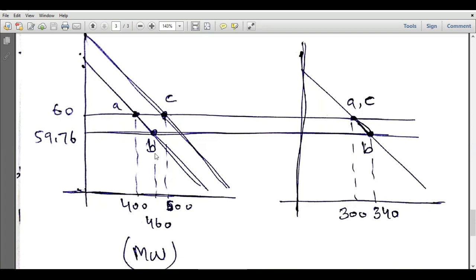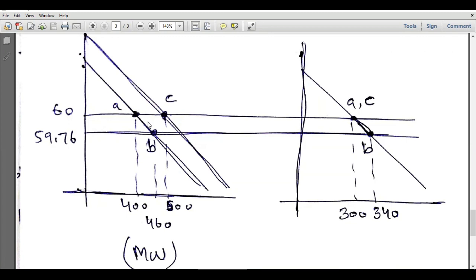Similarly, we can use both the units to contribute the supplementary control, right? So this is the third case. So in that case, this would be our point B, and point C would be the same point, but over here, right?